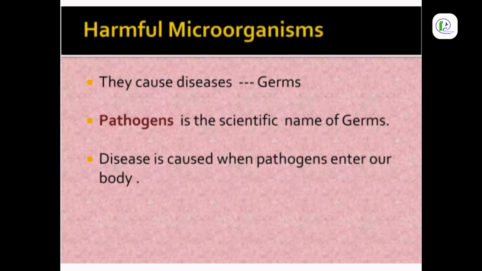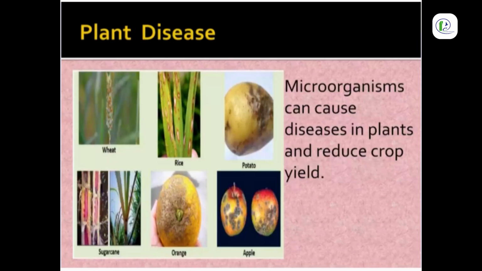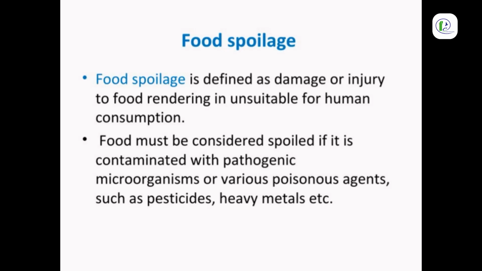Pathogens is the scientific name for germs. Disease is caused when pathogens enter our body through food, through insects, and through the air. Next, microorganisms can also cause diseases in plants and reduce crop yield.